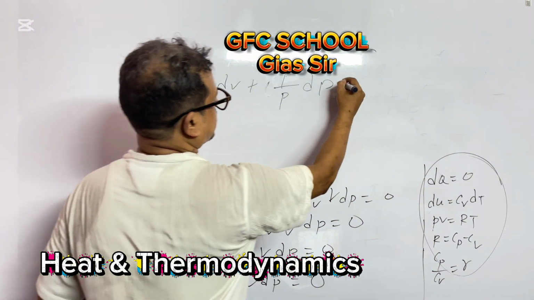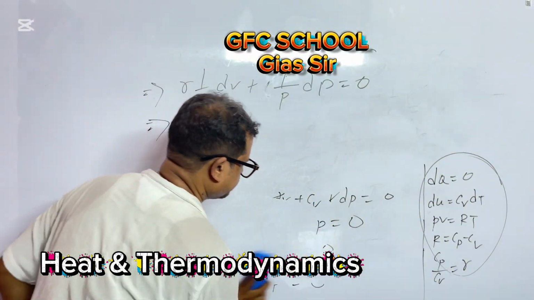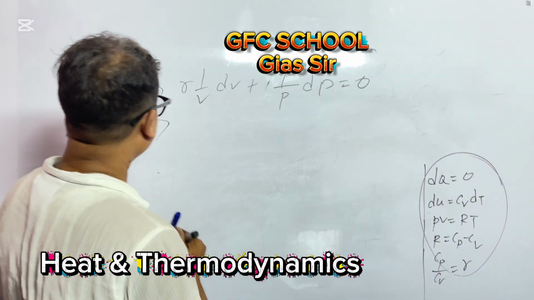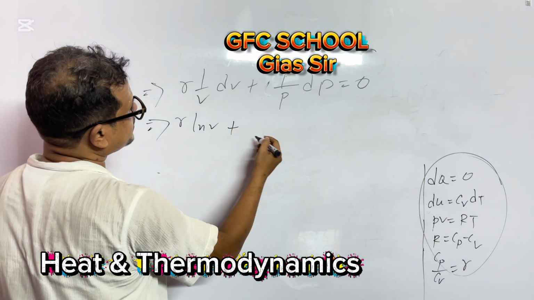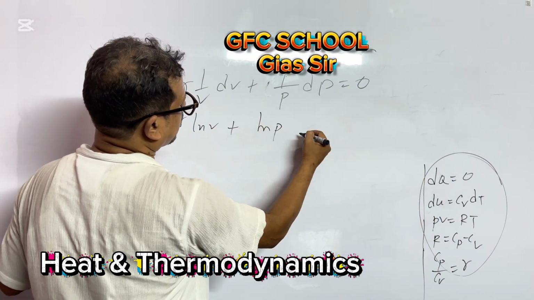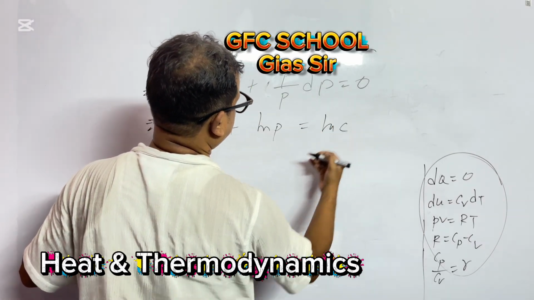Guys, this line we've got. Now, what can we write down here? We can write down gamma ln V plus ln P plus constant. Constant you can write down C.